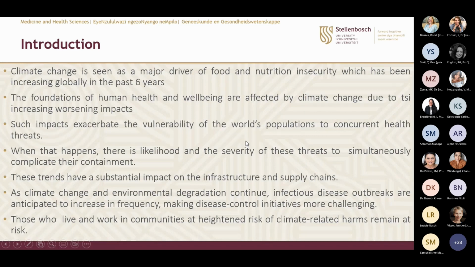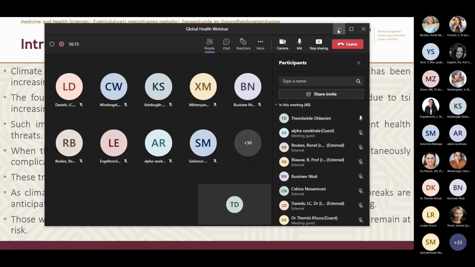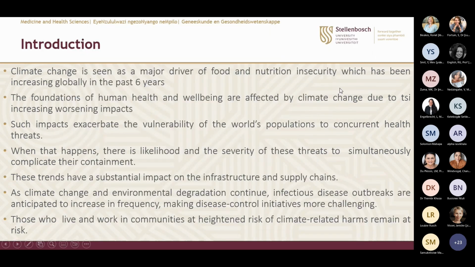Yeah, so in terms of food and nutrition insecurity, climate change has been seen as a major driver, which is actually increasing globally, especially in the past 6 years. The foundations of our human health and well-being are affected by climate change due to the increasing worsening impacts.